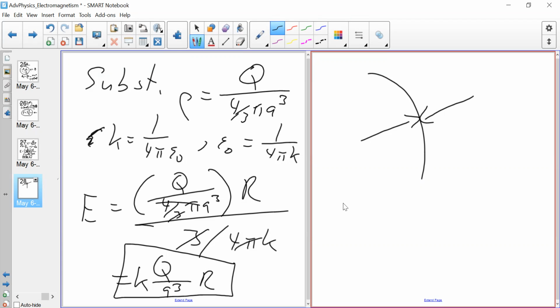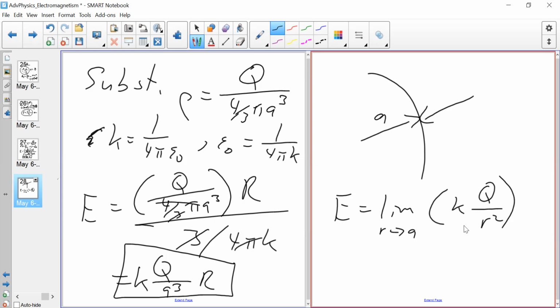Okay, so the first case would be, let's take a look from the outside. We've got the electric field already. We're basically going to take this electric field and go all the way to radius A. We're approaching this distance R from wherever R is to A from the outside. So we're going to look at a limit as R goes to A from the outside, and we have our electric field from the outside, which we defined as KQ over R squared.